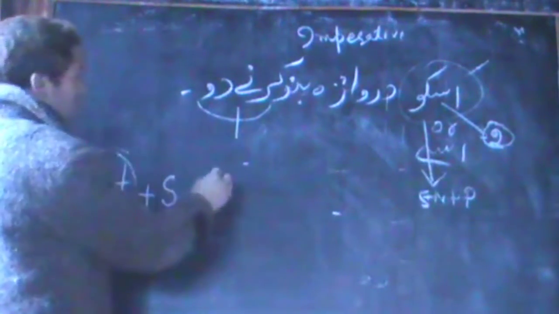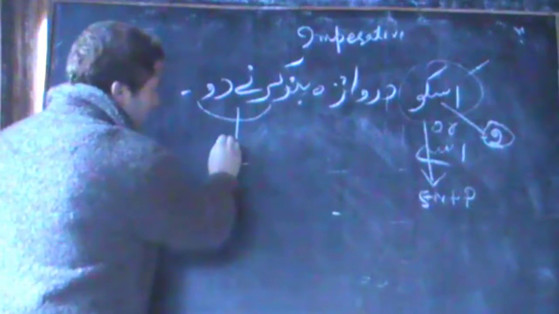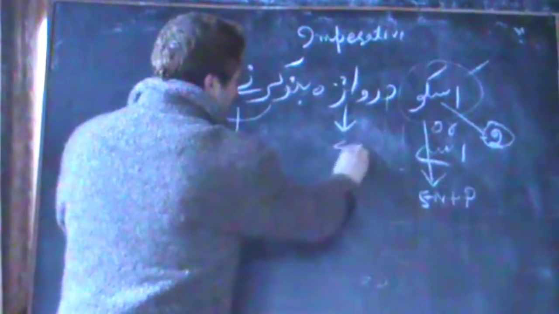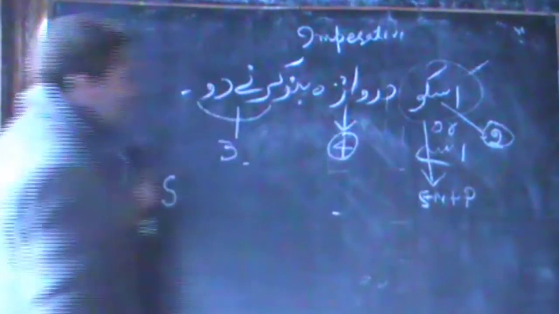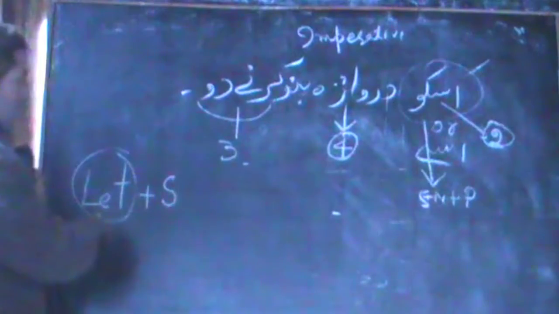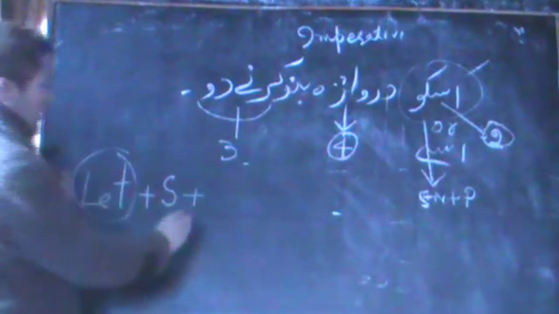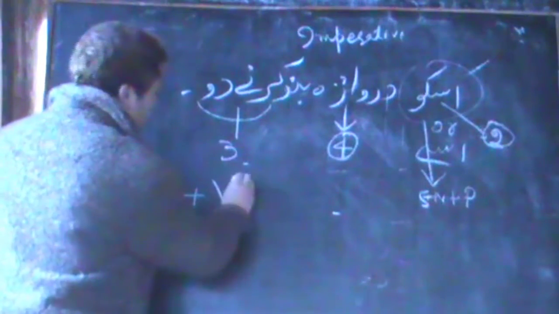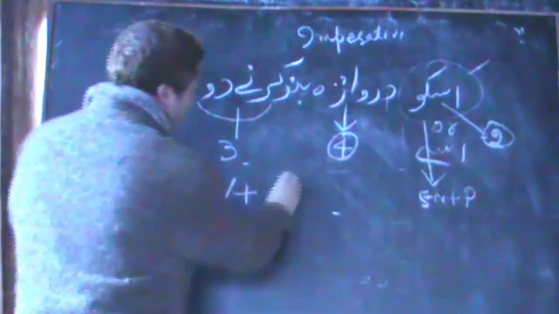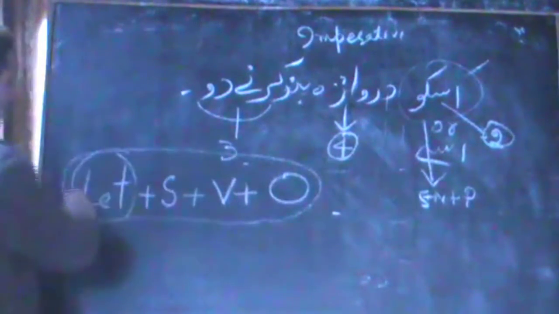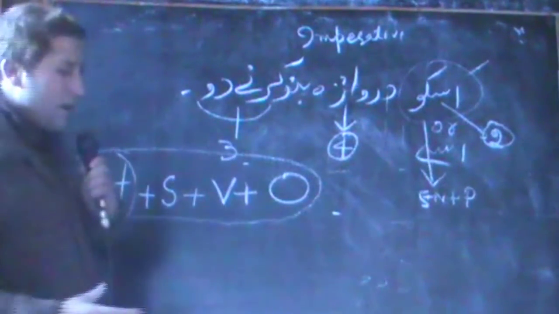Then you have the verb, at the third position. And then there is the object, and at the end we will see which kind of noun, pronoun, or whatever is there.